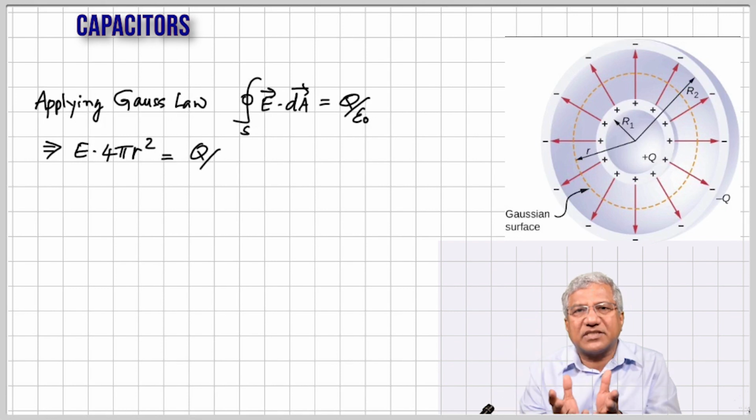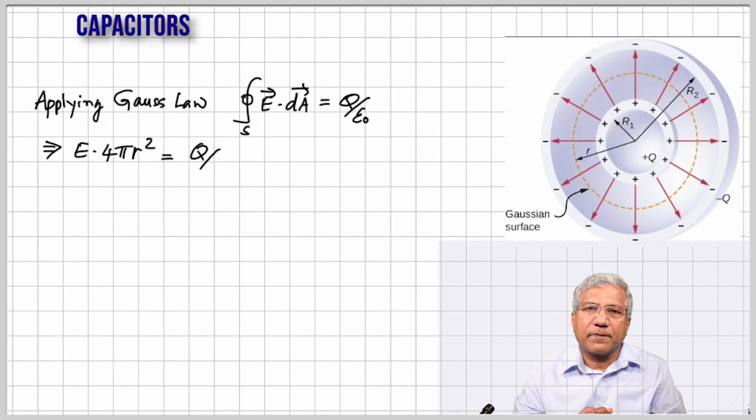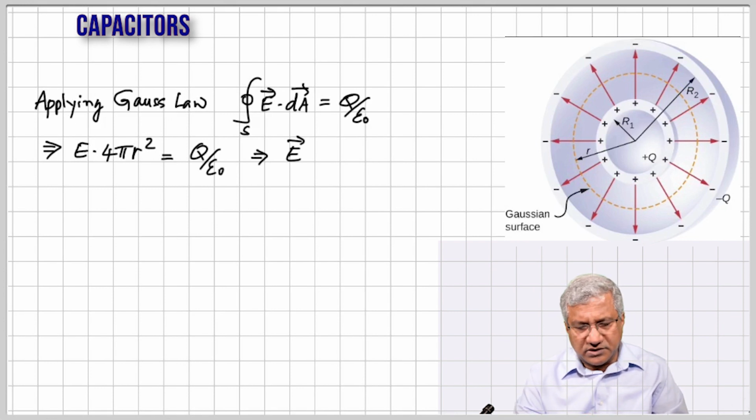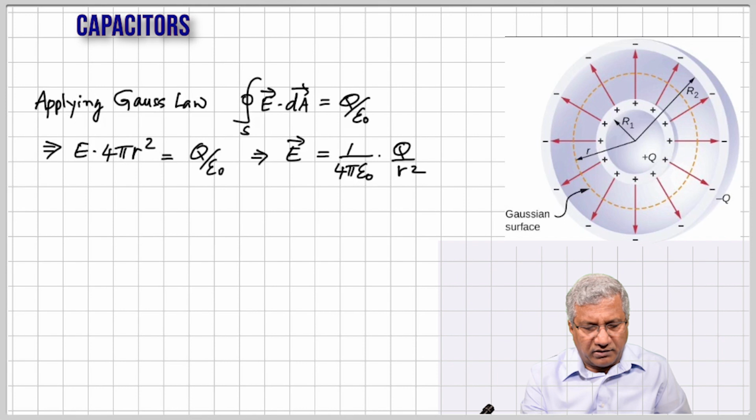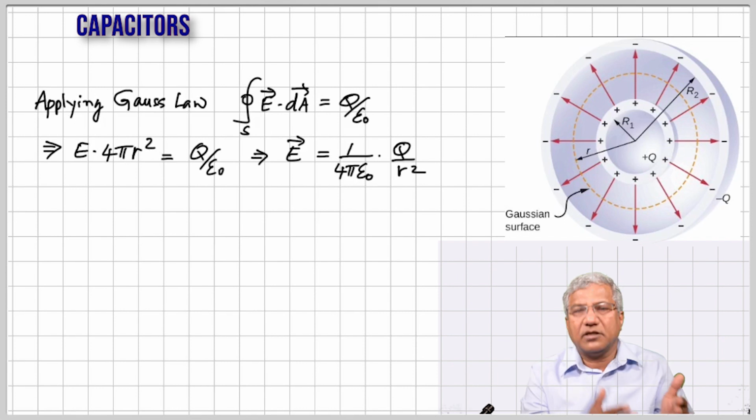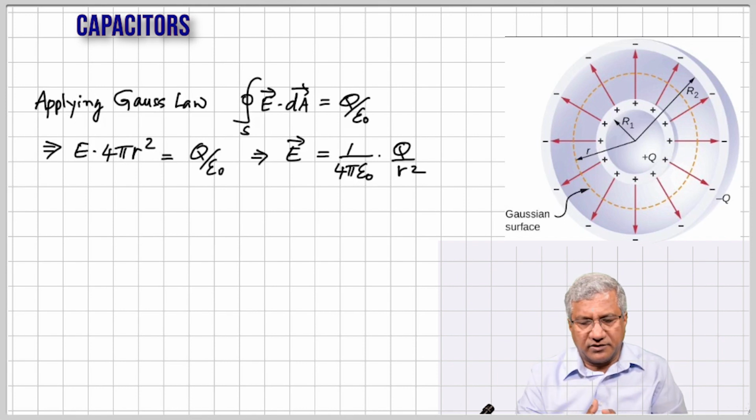Therefore, its surface area is 4 pi r squared. And that's why on the left side you have E times 4 pi r squared, and the right side is Q by epsilon naught. Now this can be written as 1 by 4 pi epsilon naught Q by r squared. I just took the 4 pi to the other side and rearranged it.